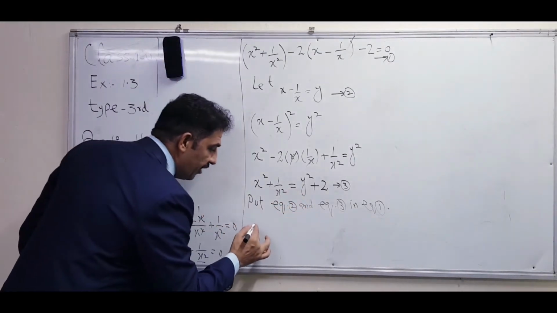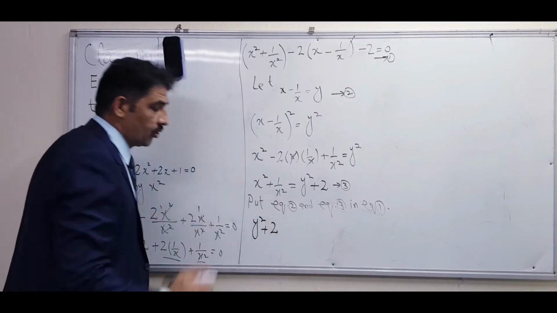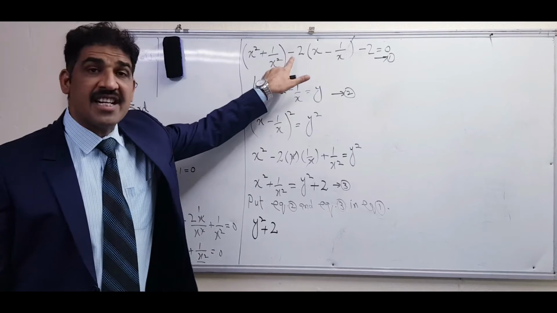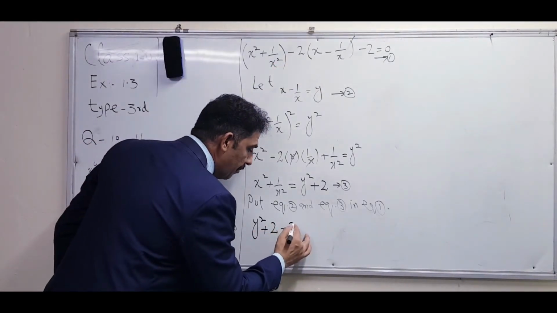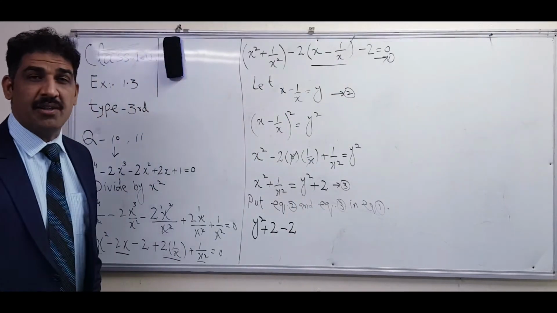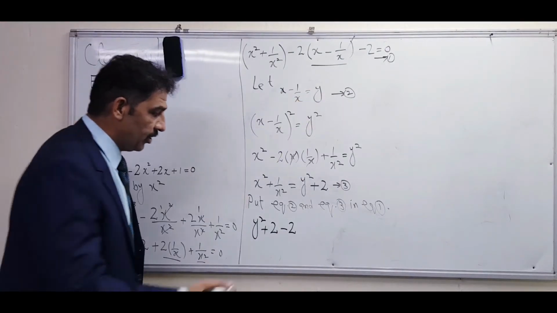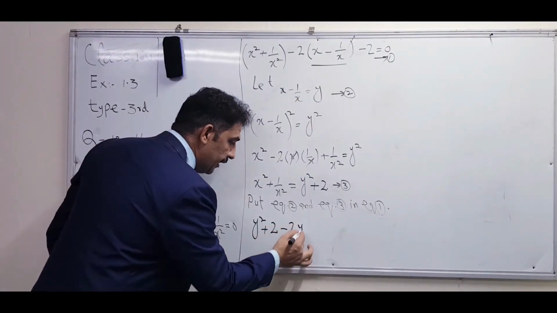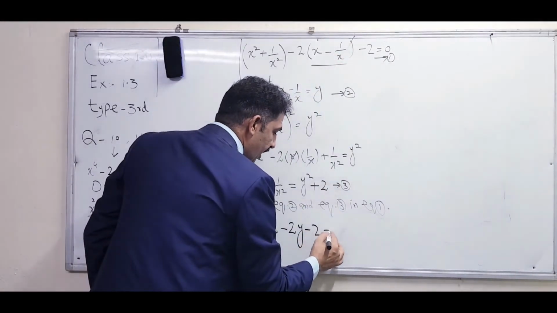Good. So here we write y square plus 2. After that, what is here? Minus 2, so we write it here, minus 2. What's the value of x minus 1 over x? The value of x minus 1 over x is y. Good. Here we put y, and minus 2 will remain the same.